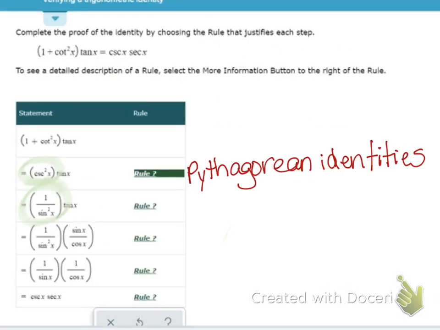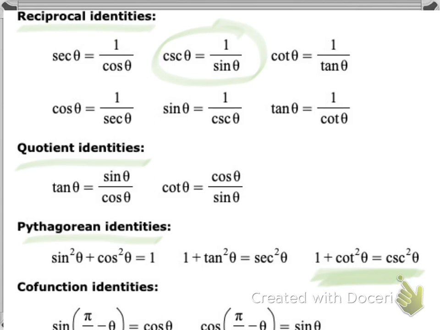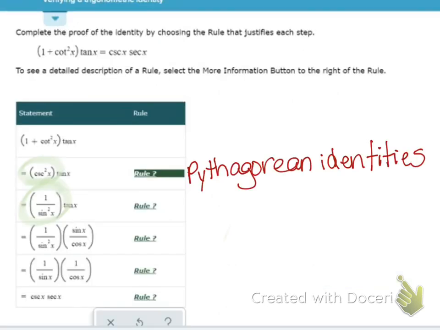That is why I do the next step. Because that is a reciprocal identity, the rule that I put right here is reciprocal identity. That's what I picked from the drop-down menu.